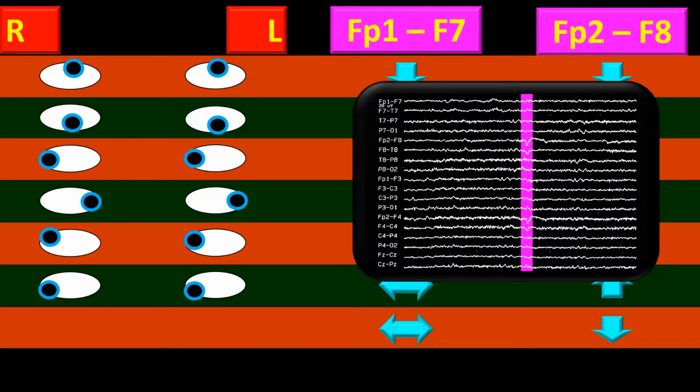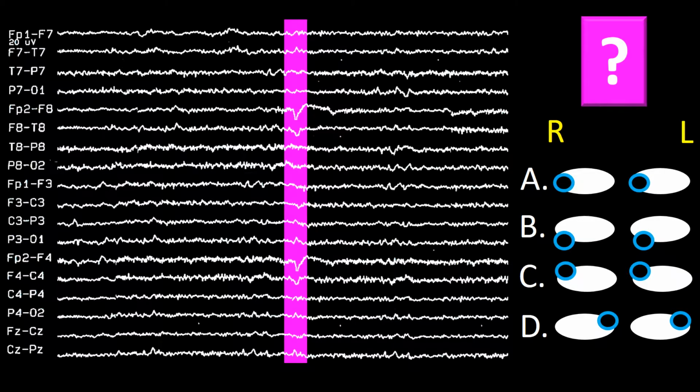Thus, in this figure, we can see that FP2 is down, whereas FP1 F7 is neutral. Such a pattern is seen when a person is looking to the left and up. So the answer to this question is D.